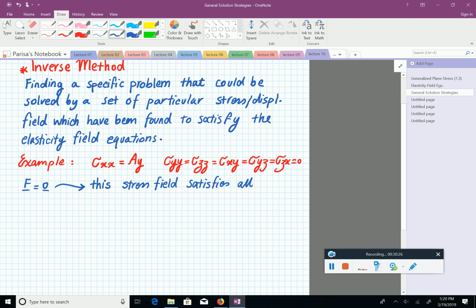When I say field equations, you all know that I mean the elasticity field equations that I wrote one more time today. Right. Now, the question is, what problem can be solved with this stress field?